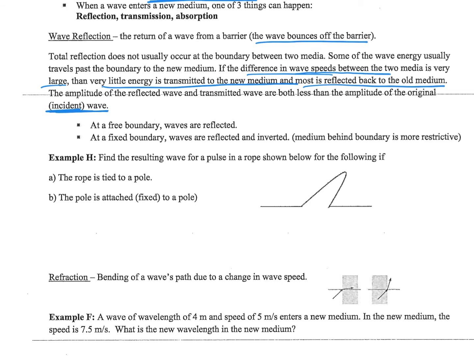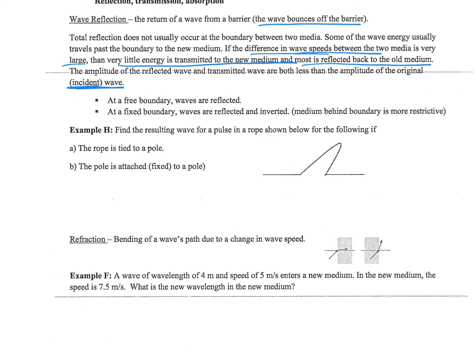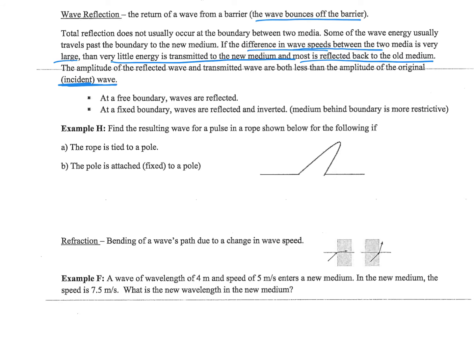This is one of those really cool things where you can actually just see it. All right, so find the resulting wave for a pulse in a rope, shown below, for the following: if the rope is tied to a pole.